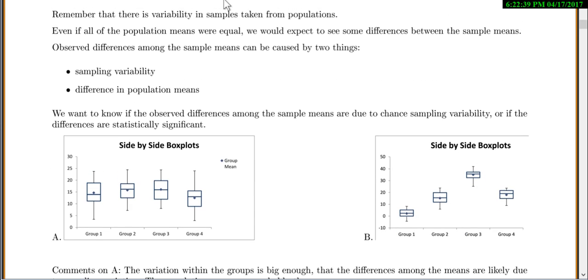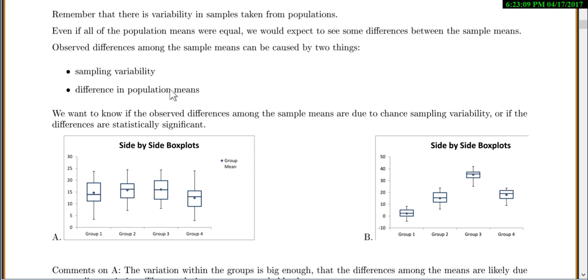So let's look at some theory. Let's remember that there's variability in samples taken from your population. So even if all of our population means really were equal, you'd expect to see some difference between the sample means, right? Your sample means won't be exactly the same. It turns out that observed differences between your sample means can be caused by two things. They can be caused by true differences in your population means, but they can also just be caused by sampling variability, because based on which sample I get, I get different sample means.